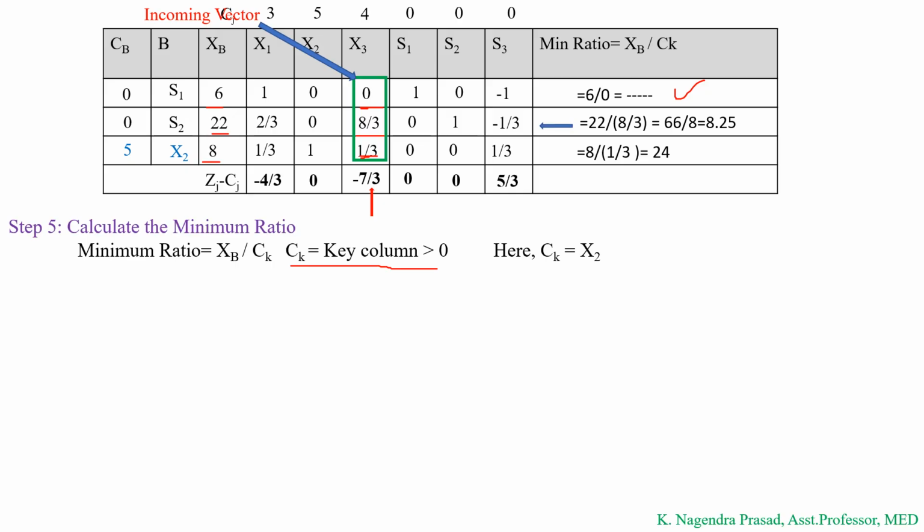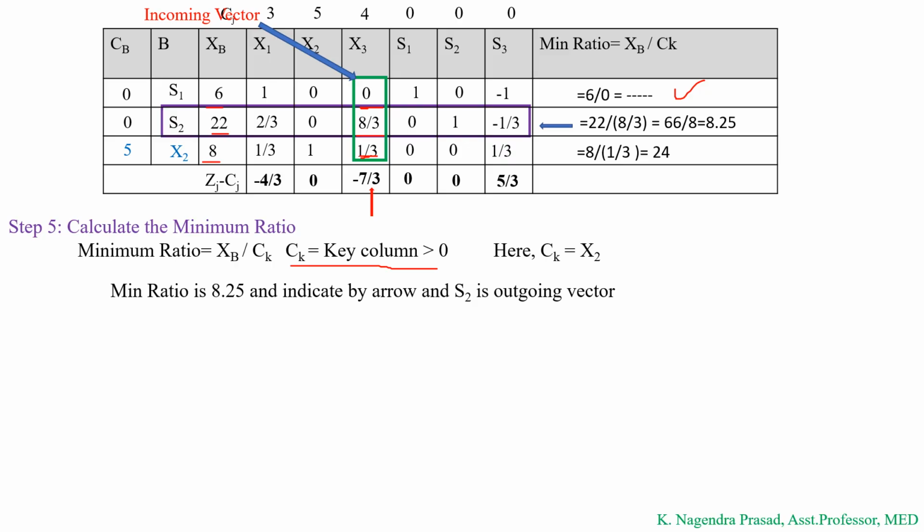So here observe that among all the xb divided by ck values, the minimum value is 66 by 8 for the S2 row. So this S2 row we call the key row, and this S2 row we call the outgoing vector, and here the S2 variable is the leaving variable.